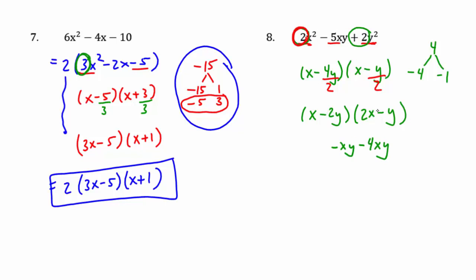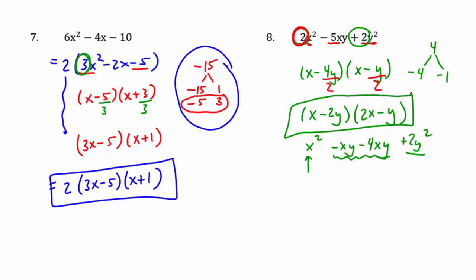And negative 2y times a negative y is a positive 2y squared. And so in checking my work here, yes, we'll have 2x squared, negative xy minus 4xy is a negative 5xy in the middle, and a plus 2y squared, sorry, is what we have out there. And so that is my factorization of this trinomial.